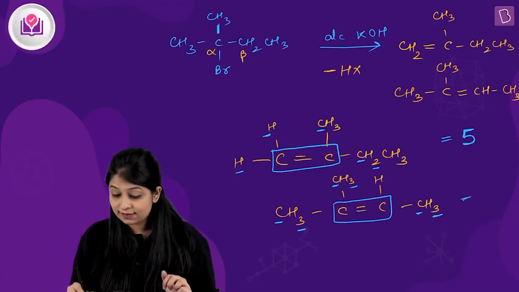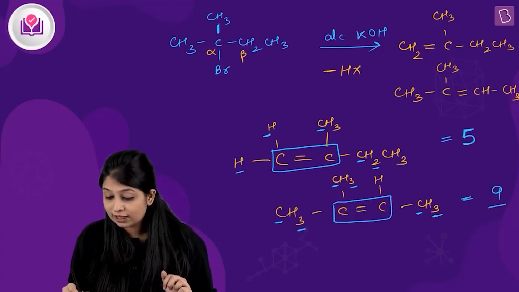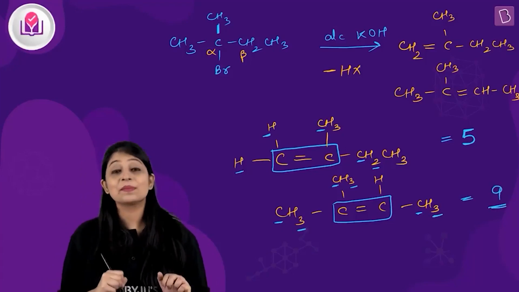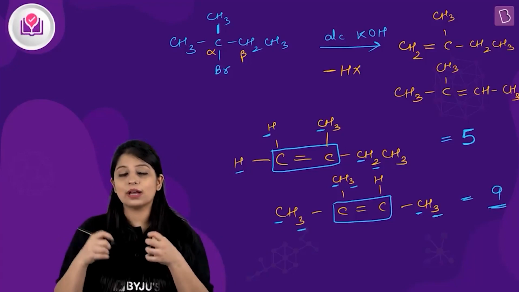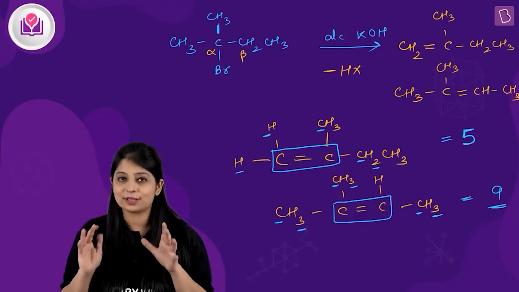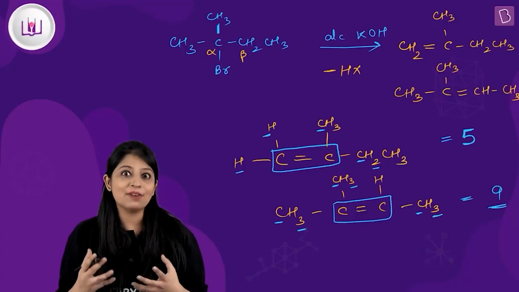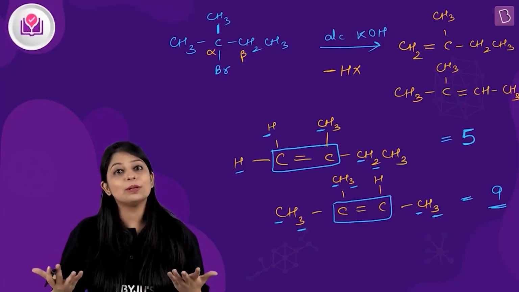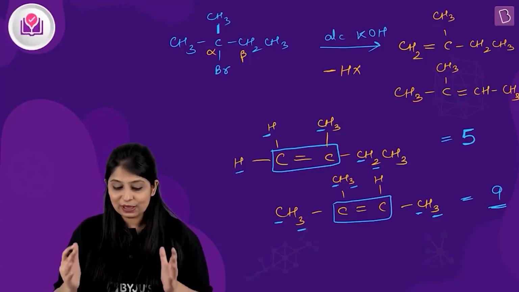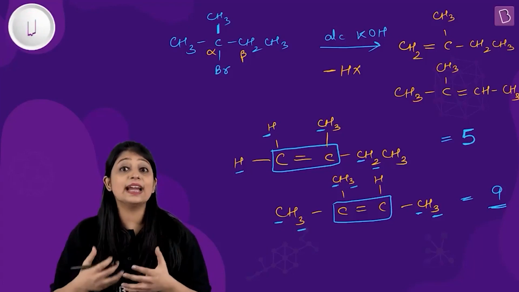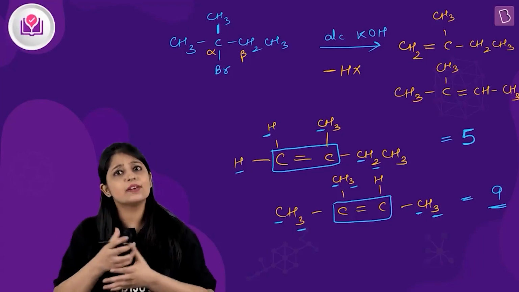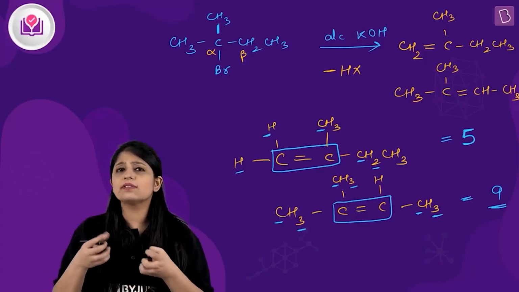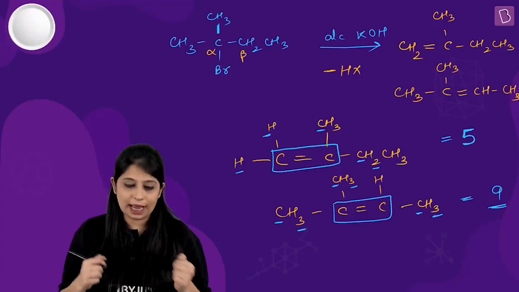So this gives a total of 9 hydrogen atoms, so 9 alpha hydrogens. The more alpha hydrogens, the more stability. That's how we decide the stability of alkenes which have an equal number of carbon atoms.